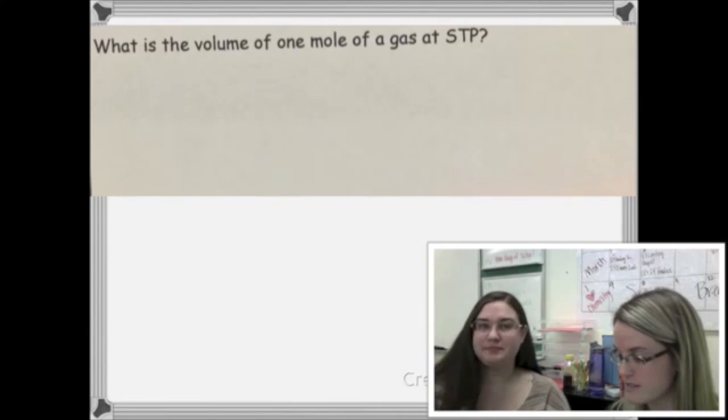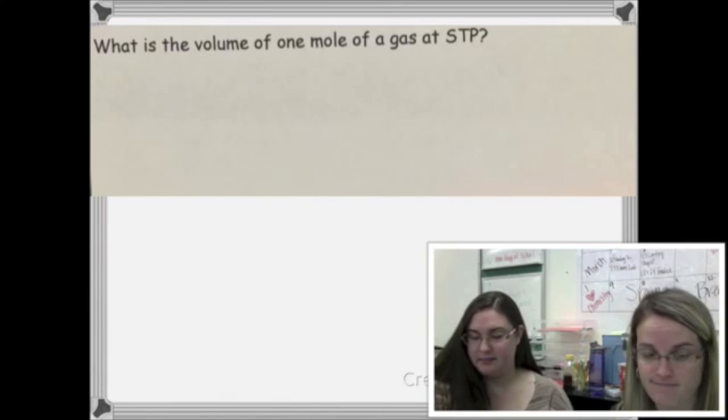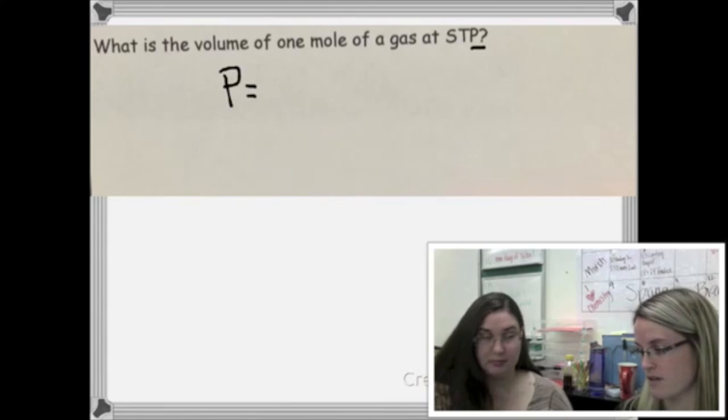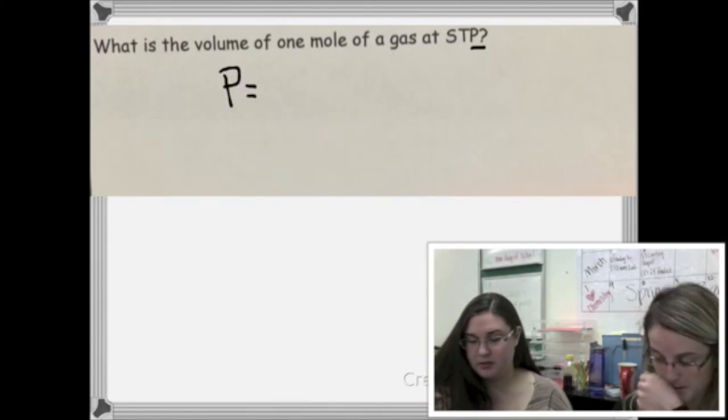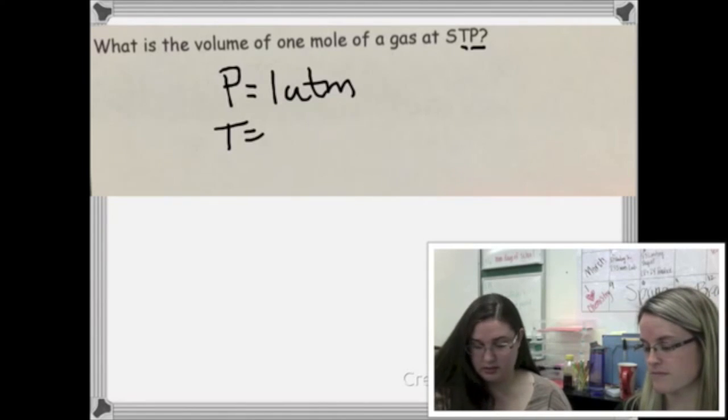Our first question is, what is the volume of 1 mole of gas at STP? Okay. I have a pressure, because I have my STP. We said it was 1 atm. I've got my temperature, because there's my T, and it's 273.